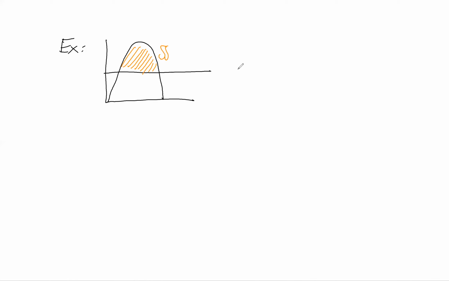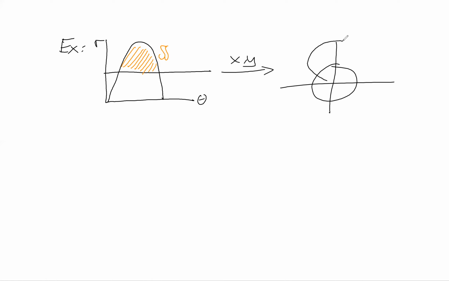then what does this correspond to on the xy plane? Remember, this is the r theta plane. So now if I look at the xy plane, this corresponds to 2 sine theta being on top and 1 being on the bottom. So here's 2 sine theta, and then here's 1.